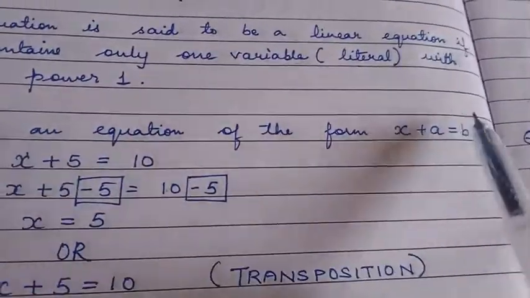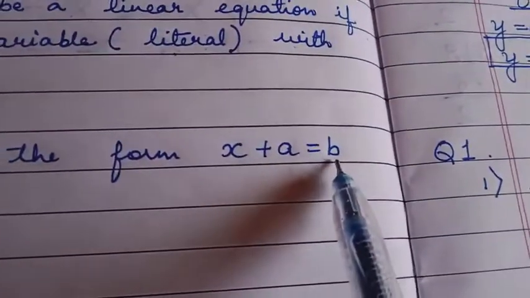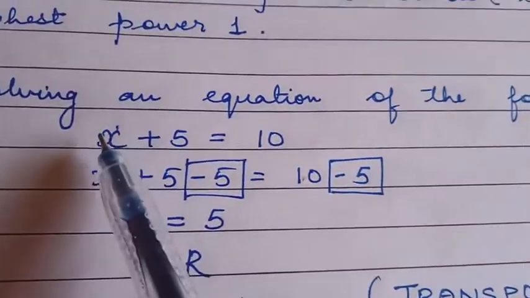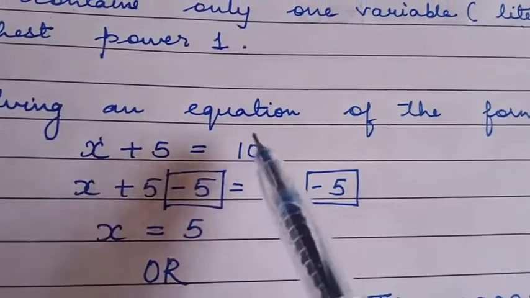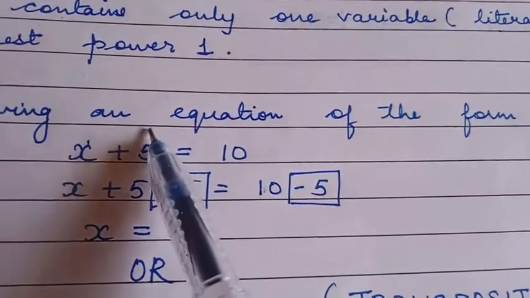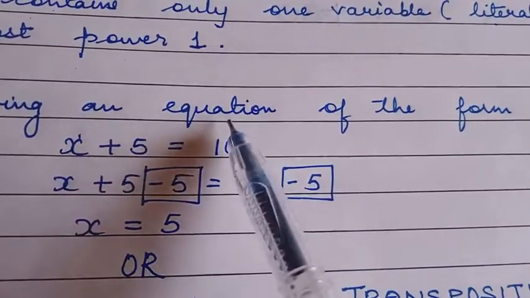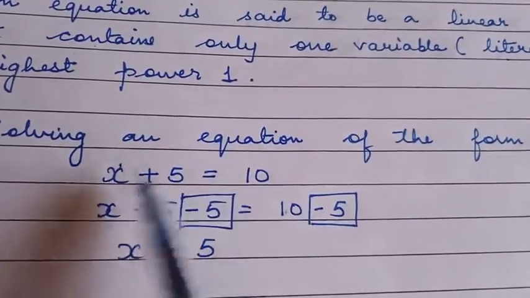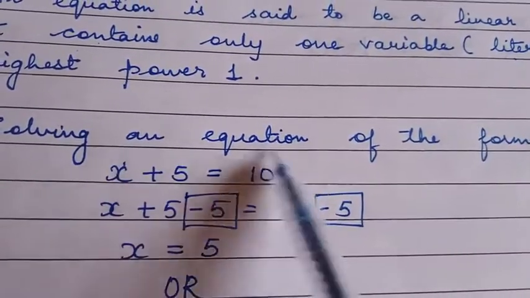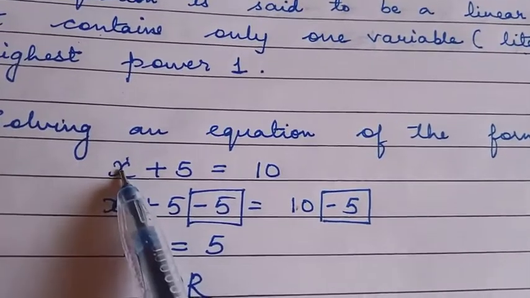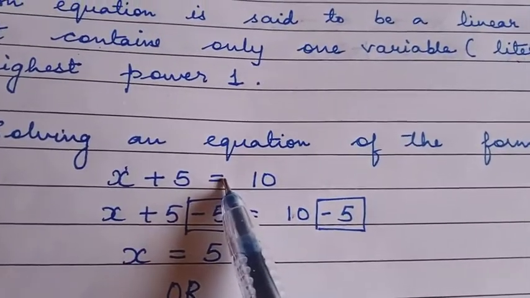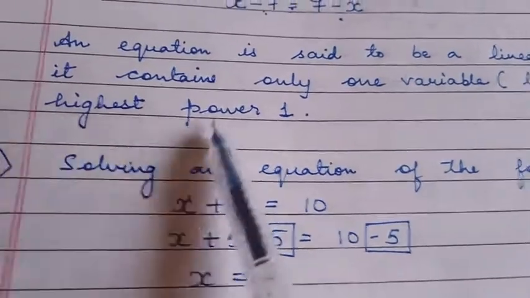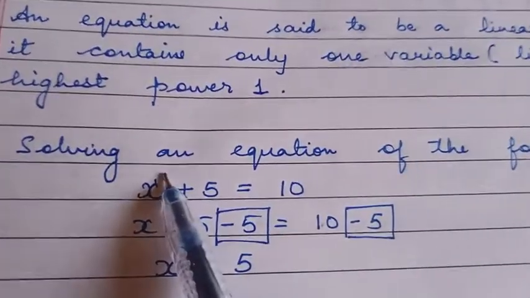We have taken example x plus 5 is equal to 10. So here instead of a I have taken 5, instead of b I have taken 10, x as it is. So this is a linear equation. Why is it called linear equation? Because it has one variable, one equal to sign, and highest power is also 1. Nothing is there means 1.